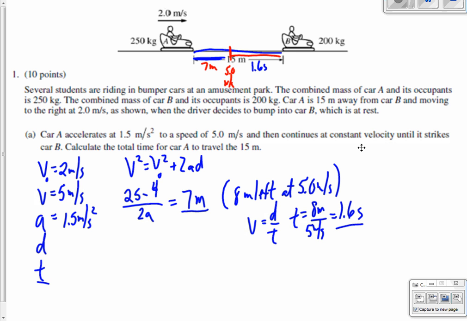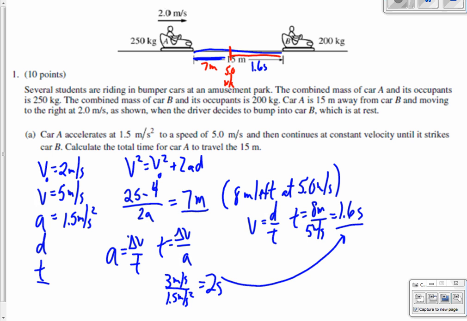So I can go right back in and say acceleration equals change in velocity over time. So time equals change in velocity over acceleration. So it went from 2 to 5, so it increased by 3 meters per second at a rate of 1.5 meters per second squared, which equals 2 seconds.